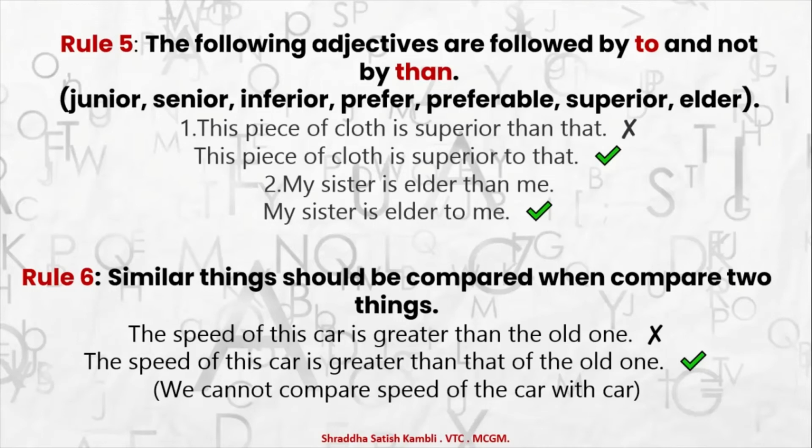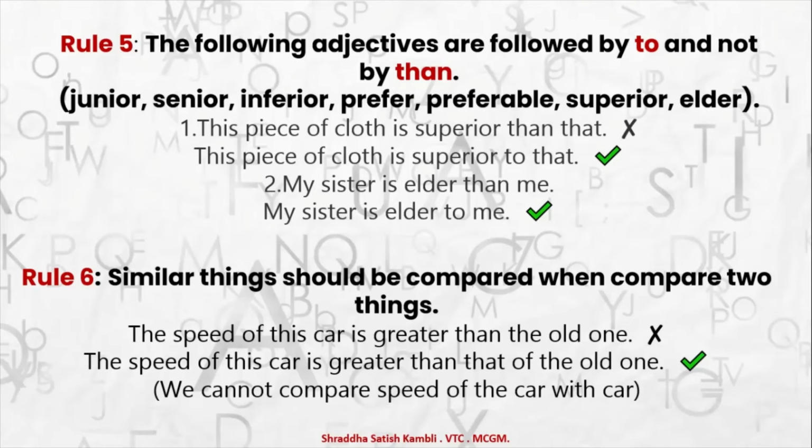You have to compare speed of the car with the speed of another car. I took this a little complicated concept because you should understand well. Otherwise, I could have simply compared an animal to a flower. You would have understood that also, but I need you to understand this in detail. So this was rule number 6.